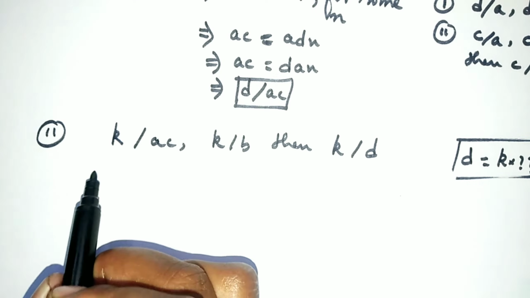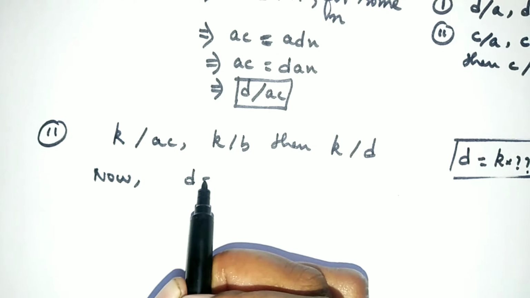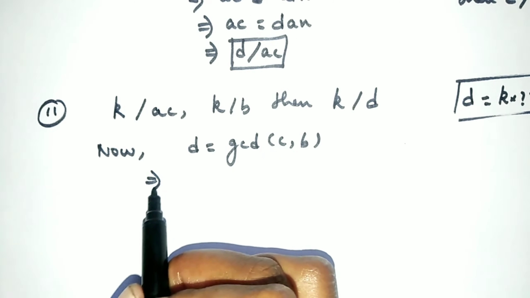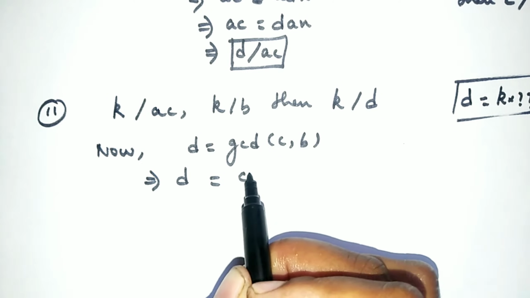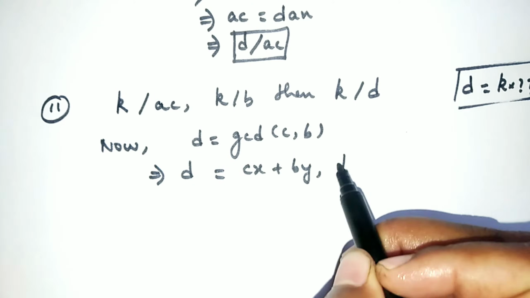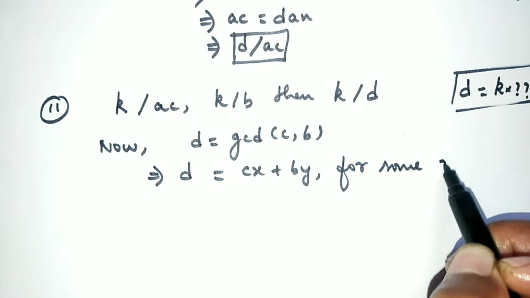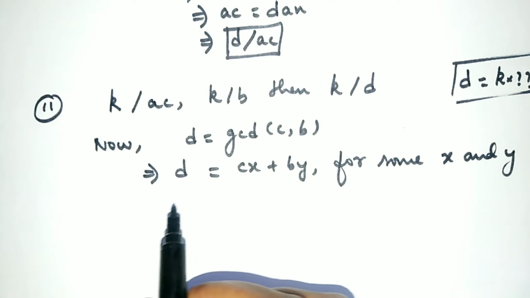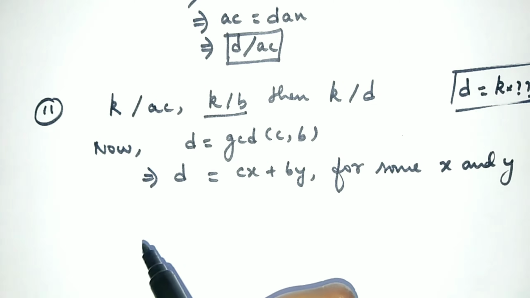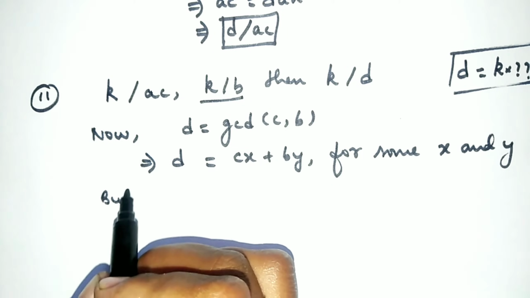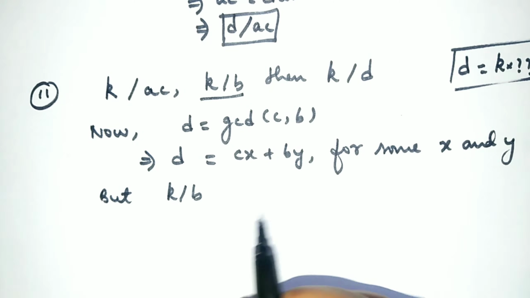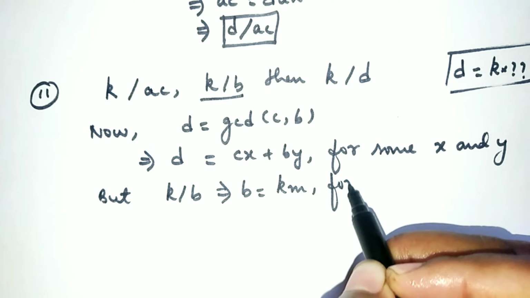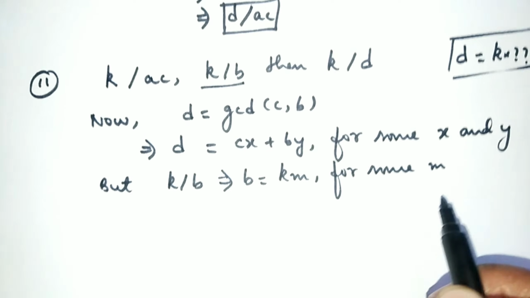So let's see. Now, D is the GCD of C and B. So it implies that D is written as a linear combination of C and B for some X and Y. From here, K divides B. So it implies that B is equal to K times M for some M. Okay.